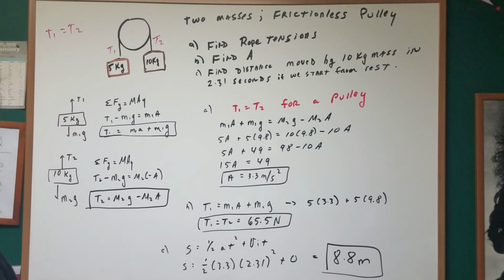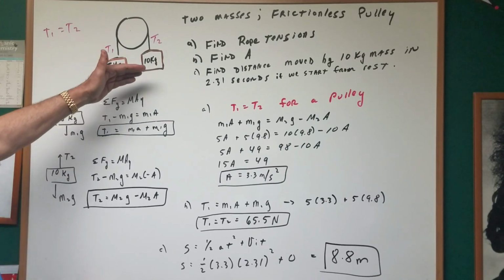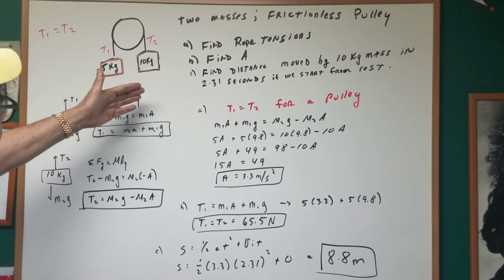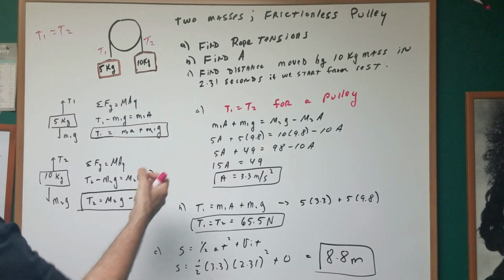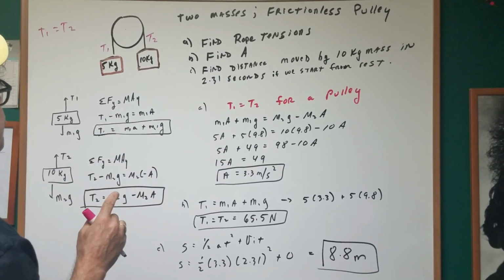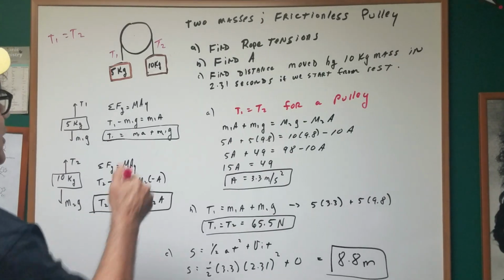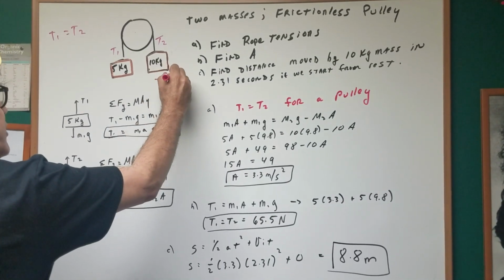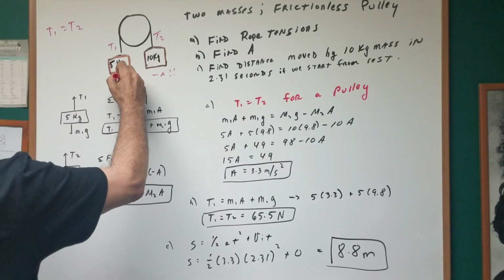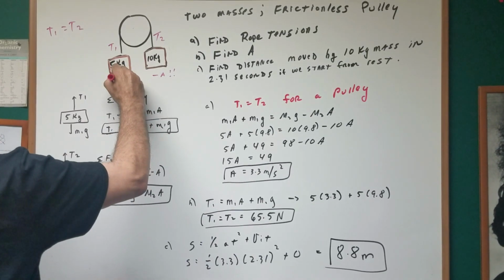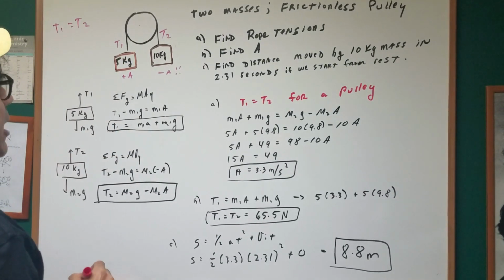The second assumption is that the 10 kilogram mass is heavier, so it is going to move down. And this is going to be the key to the problem, because if it moves down, the acceleration will be negative. So I'm just going to put that to remind you that this is going to have a negative acceleration, and this guy is going to go up. This would have a positive acceleration.